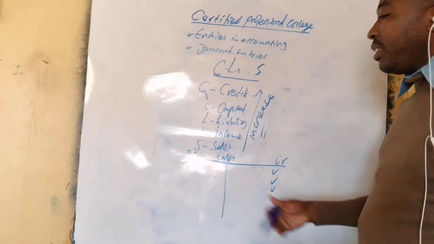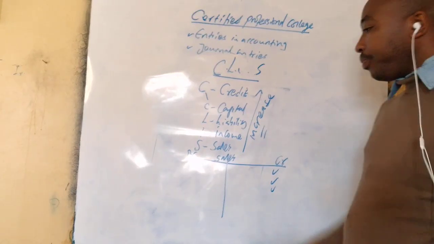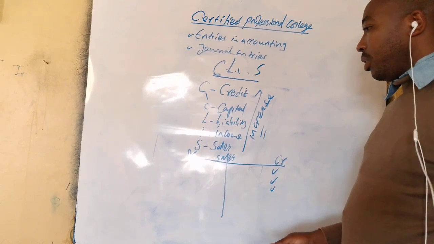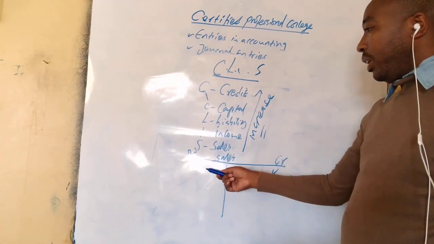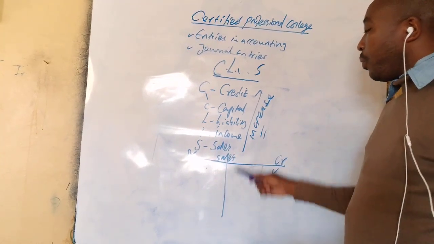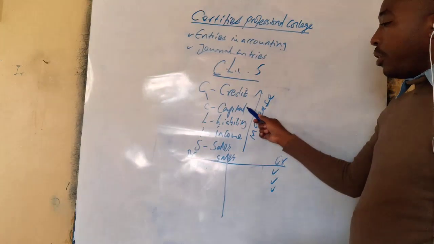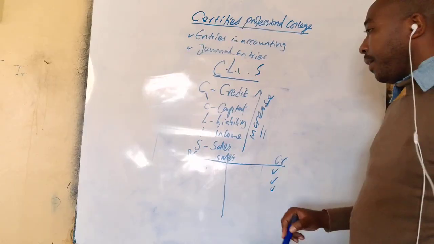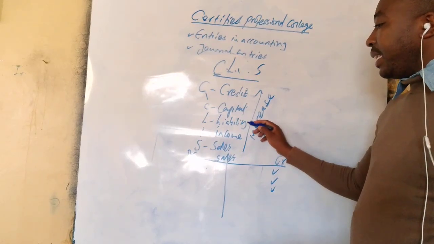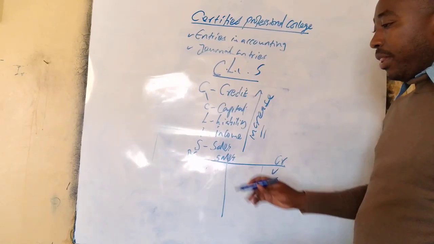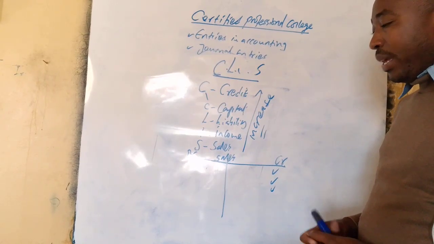Meaning when they reduce, it is opposite. For example, assume we have a customer who returns goods. So that one we are going to debit. Assume we make drawings from this capital, we are going to debit that drawing. Assume we pay a liability, meaning liability reduces, we are going to record on the debit side when they reduce.